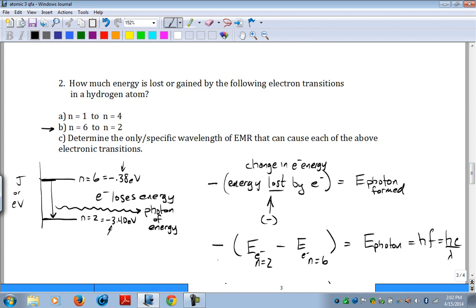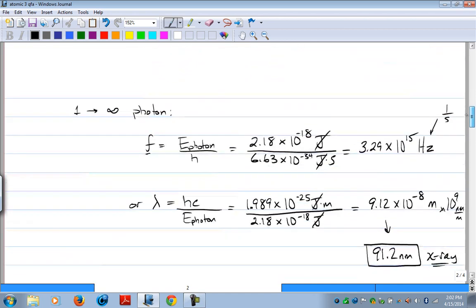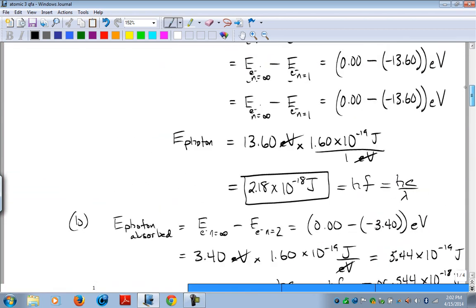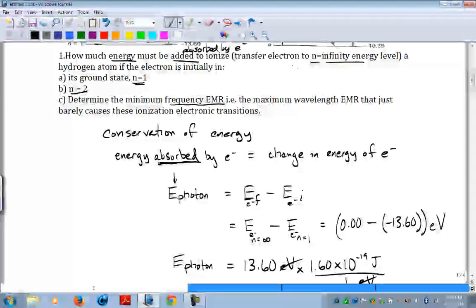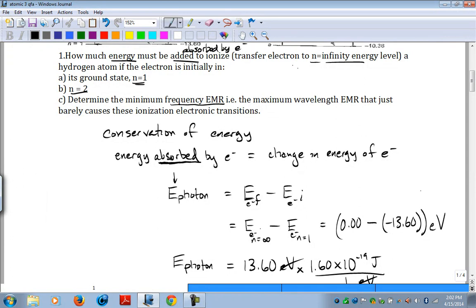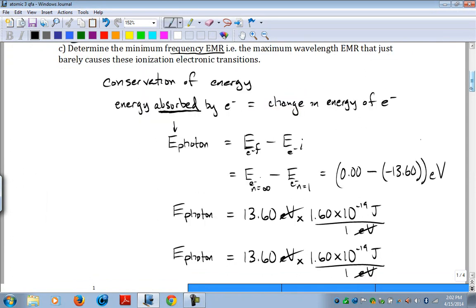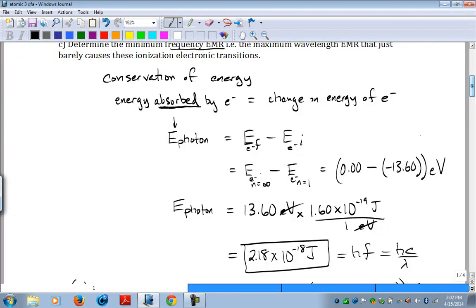If you find that you ever get a negative photon energy, number one, that would mean that a photon did not form. The only other context where you can get a negative photon energy, that would mean that a photon disappeared, it got destroyed or absorbed. So had we done this problem using that type of terminology, we would have gotten a negative energy photon, but I certainly didn't want to set it up that way.